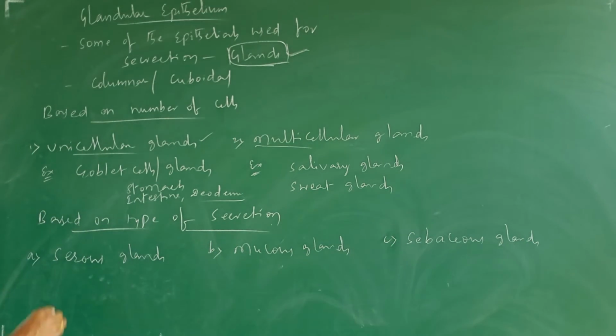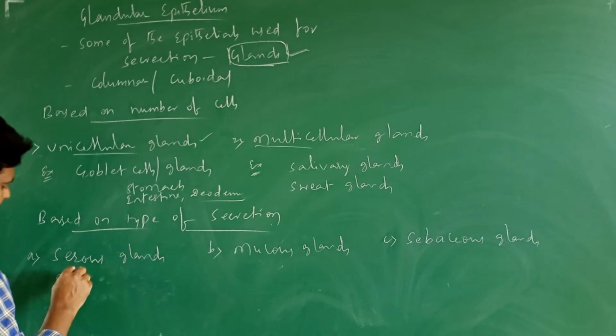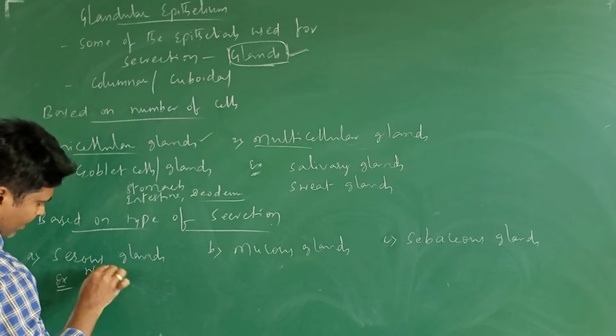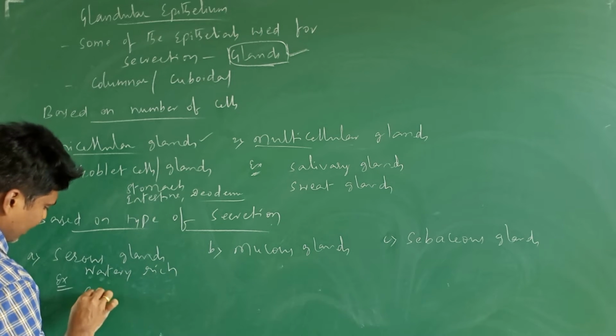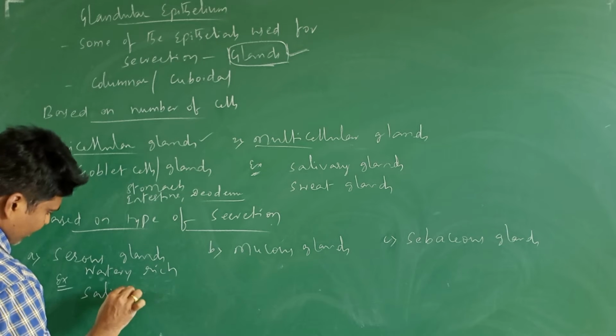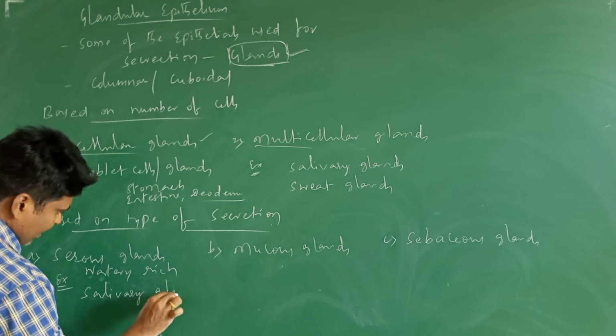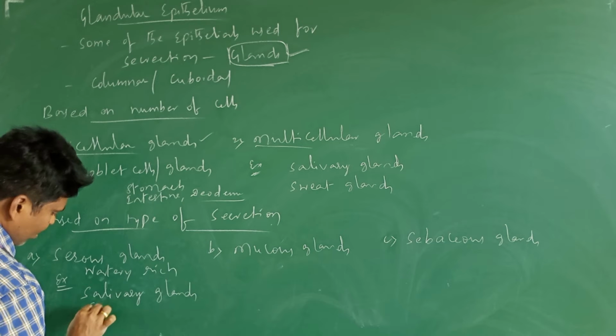Serous glands. What are the examples that come under serous glands? Here it is watery rich material, which produces watery material. Here you can get salivary glands and sweat glands also.